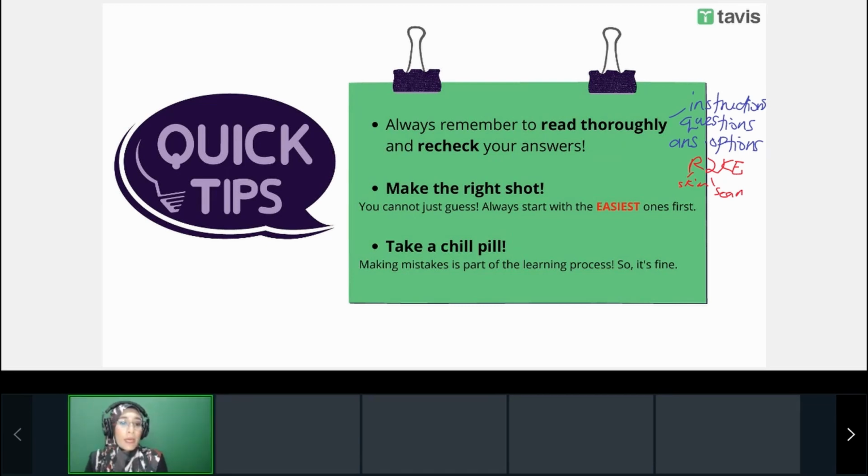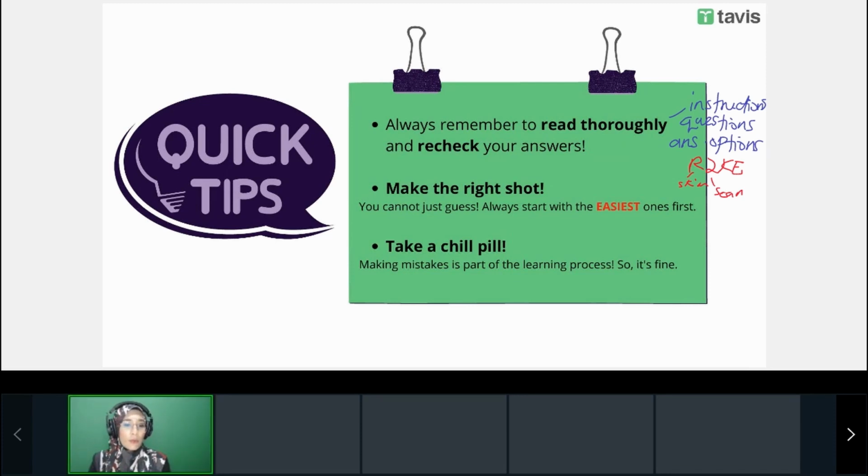Then only you can make the right shot. You cannot just guess any answer because you're going to lose your marks. So please always don't guess for the answers.